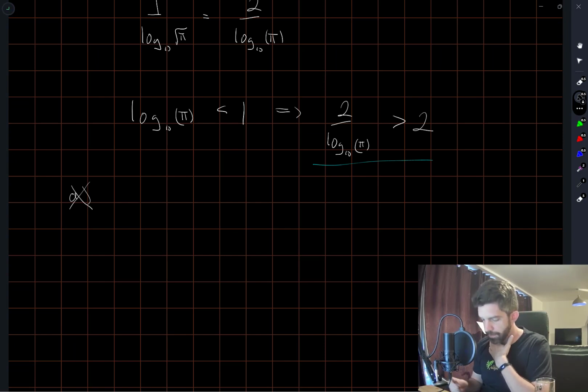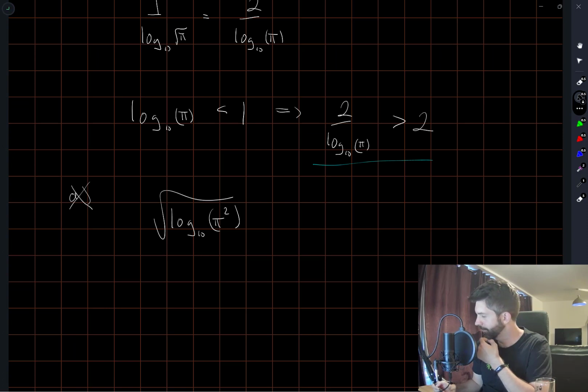We could also rule out option B, right? So option B is the following: pi squared, I'm pretty sure, is less than 10.